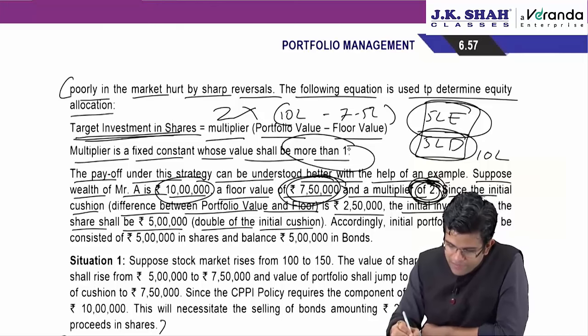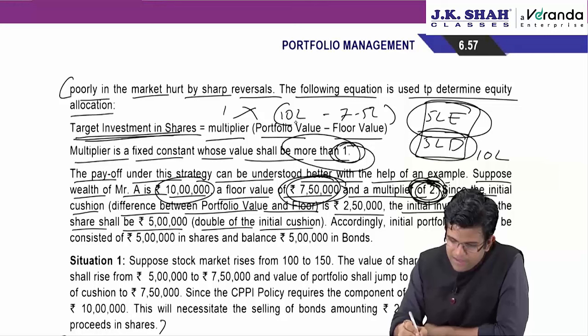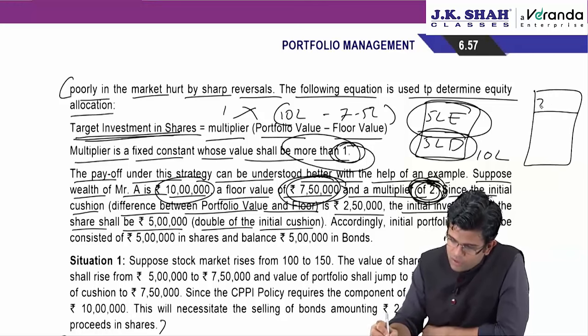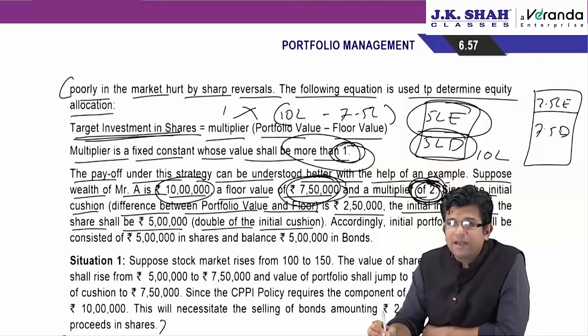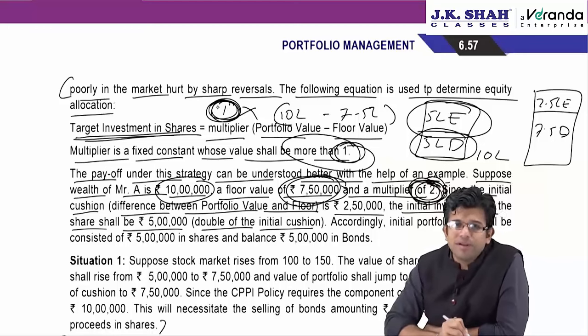Students, do you realize that if the multiplier was 1, then it is 2.5 lakh into 1. The portfolio would have appeared like this: 2.5 lakh in equity and 7.5 lakh in debt, correct? Completely safe. 7.5 lakh is safe and 2.5 lakh you invest in the equity. Do you realize therefore the more the multiplier is, the more risk you are ready to take.